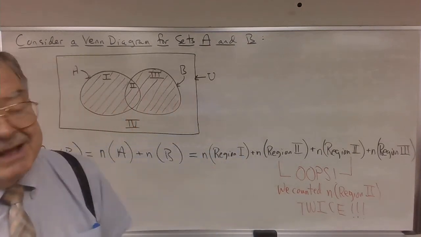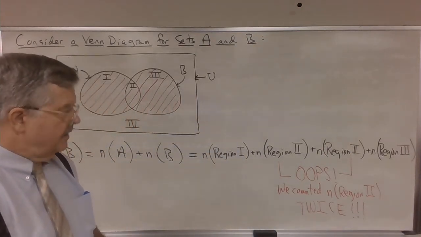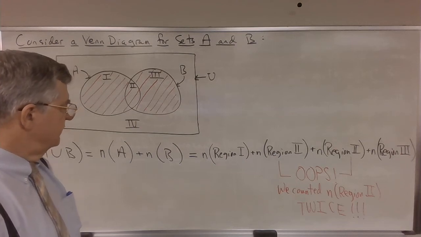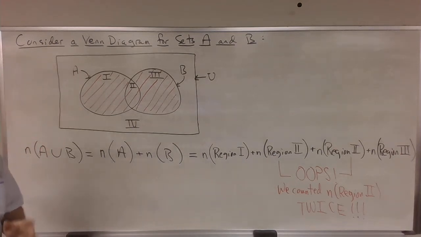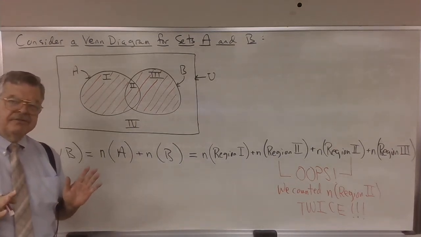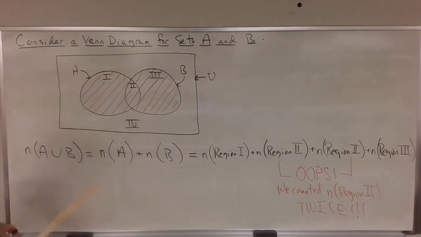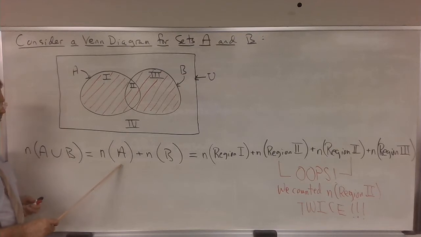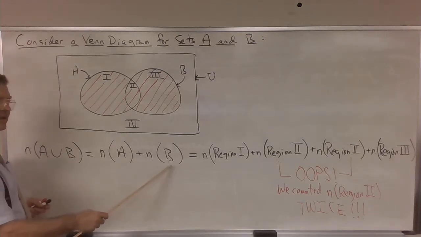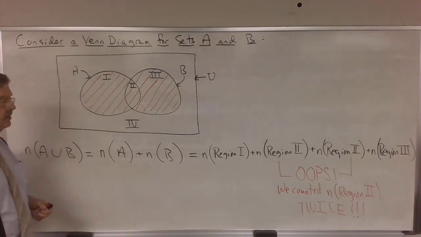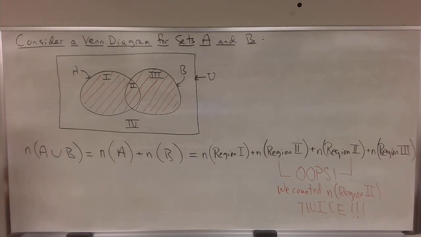We counted that twice. We're going to get the wrong answer. Now, what does that tell us? It tells us this. If we try to compute the number of elements in A union B by taking the number of elements in A and adding the number of elements in B, we're going to get the wrong answer.